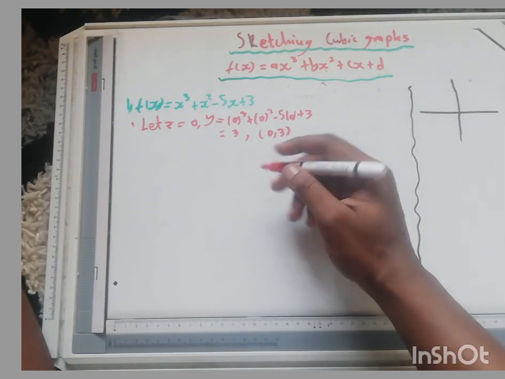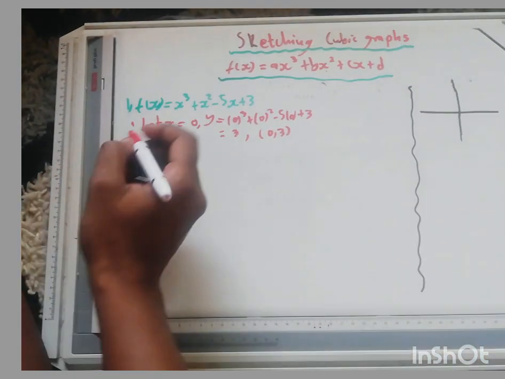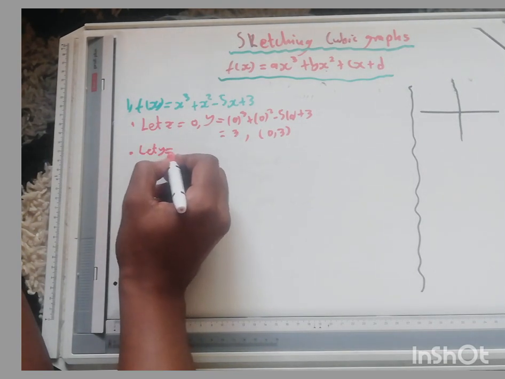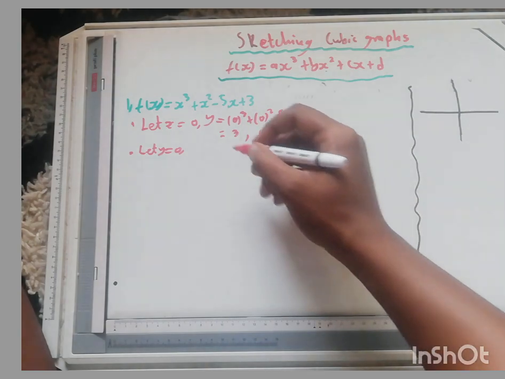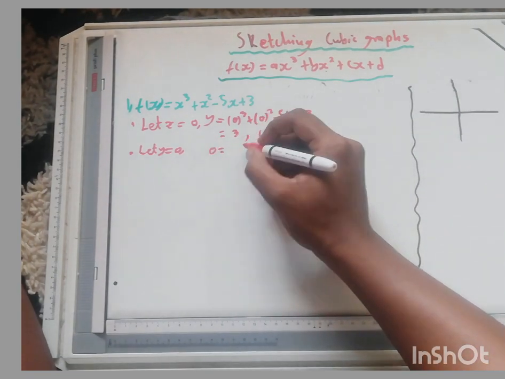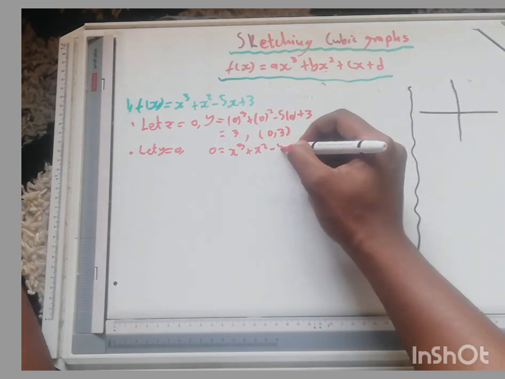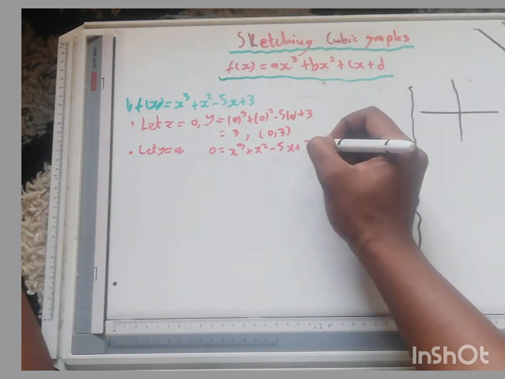So we got that out of the way. Now we look for our x-intercept. For x, obviously you let y be equal to 0, and then you'll have 0 is equal to x to the 3 plus x squared minus 5x plus 3.